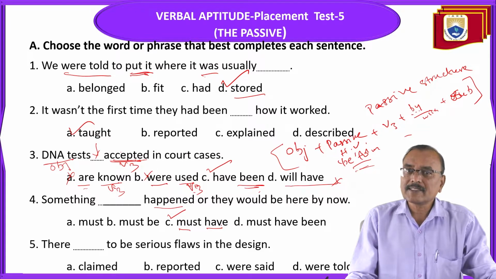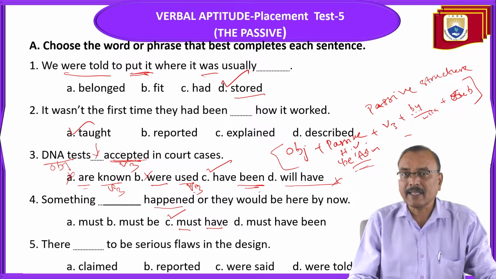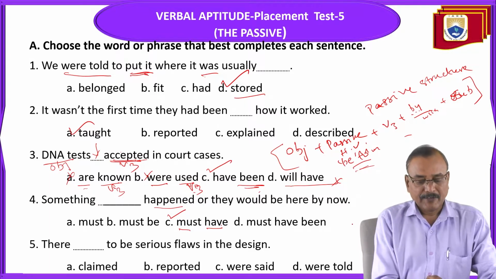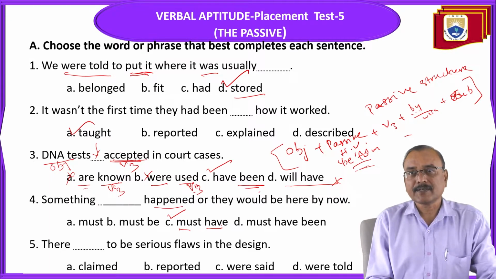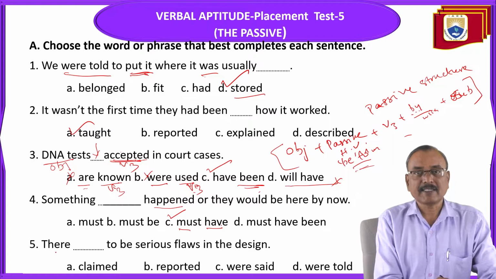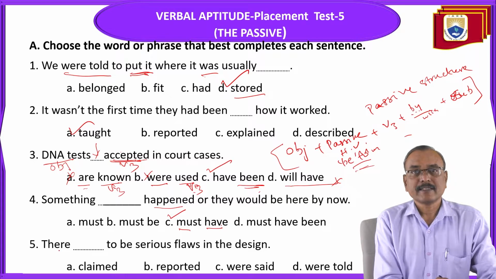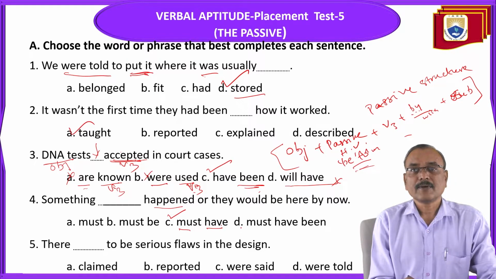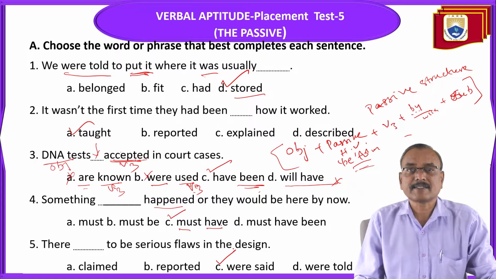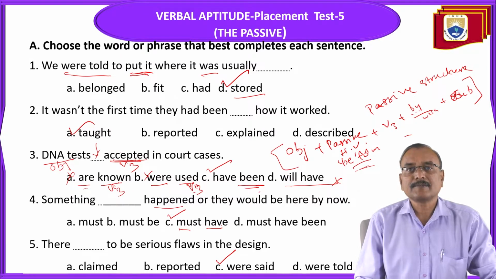"There were told" is wrong. "They were told" is okay. If it is "they", D is okay. But here it is not "they", it is "there". Is it clear? So what is the correct option? "There were said to be serious flaws." Option C is the correct one.